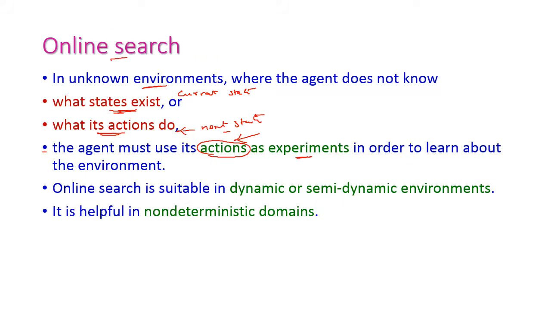So the agent must use its actions as experiments in order to learn about the environment. Because online searching is executed in an unknown environment, right? And also online searching is suitable for dynamic environments as well as semi-dynamic environments, and it is very much helpful in non-deterministic domains.